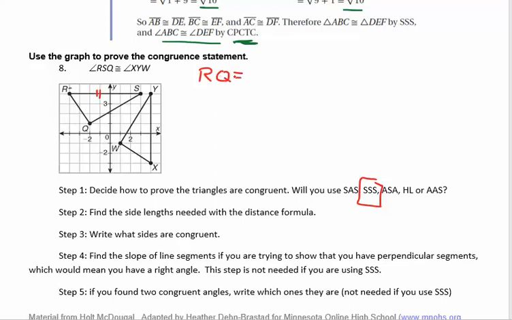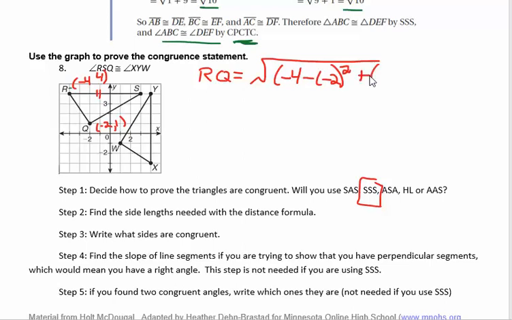So I have to find the distance between R and Q so that I can find the length of RQ. So it's equal to the square root of, let's see, R is at -4, 4, and Q is at -2, 1. For the distance between those points, you take the difference in the x-coordinates, which would be -4 minus -2, and square it.